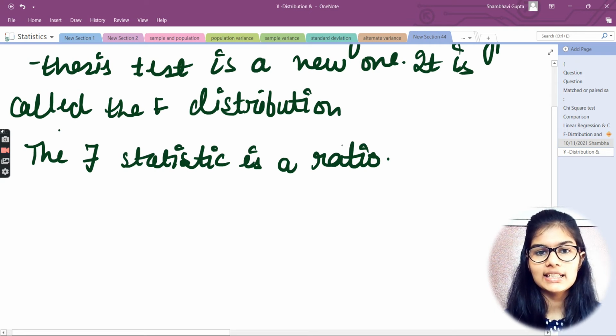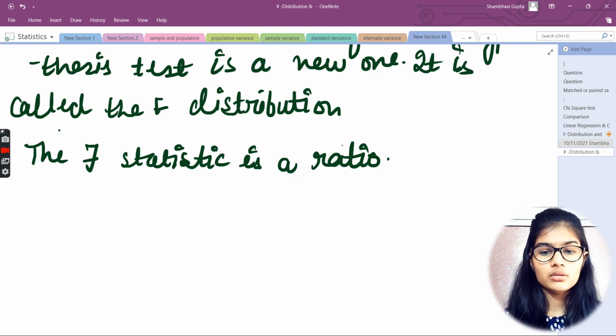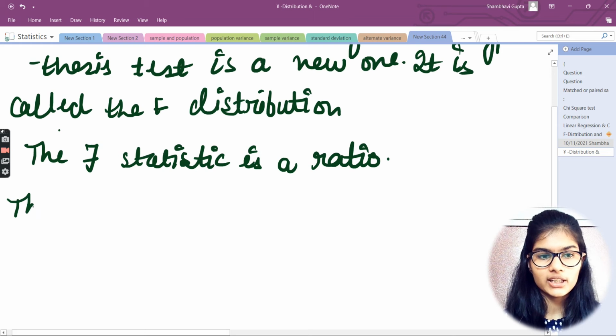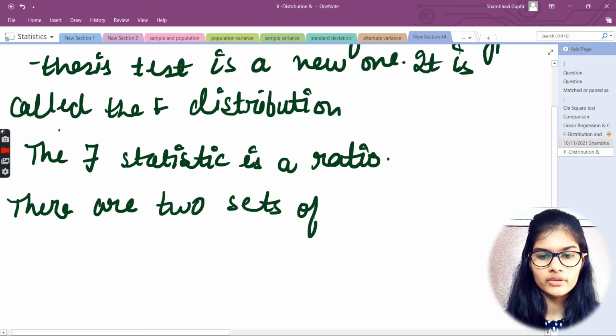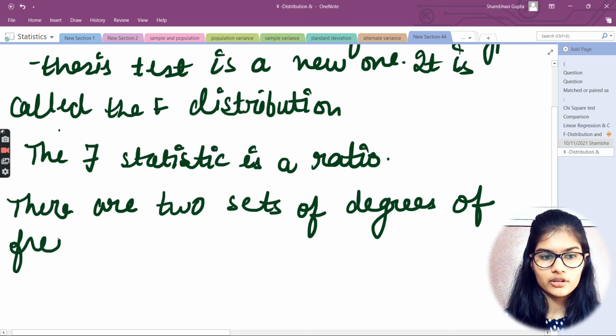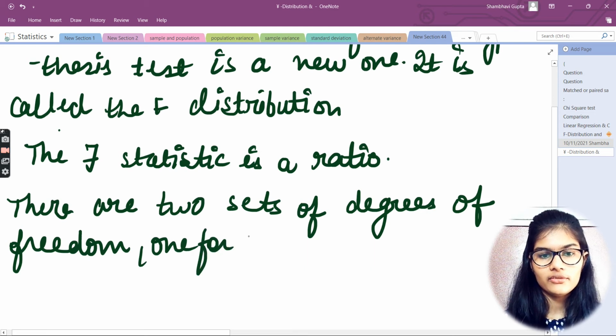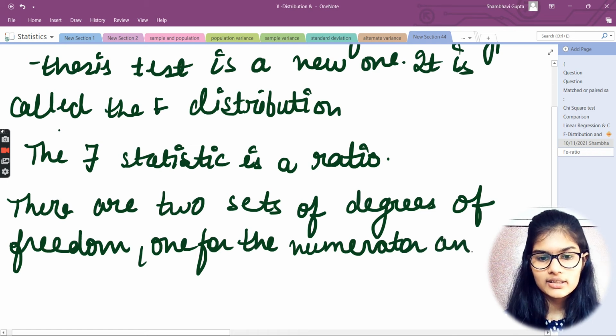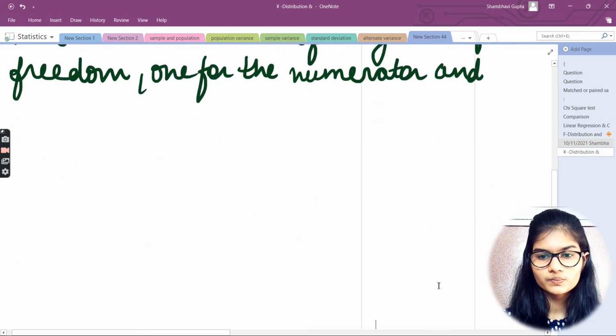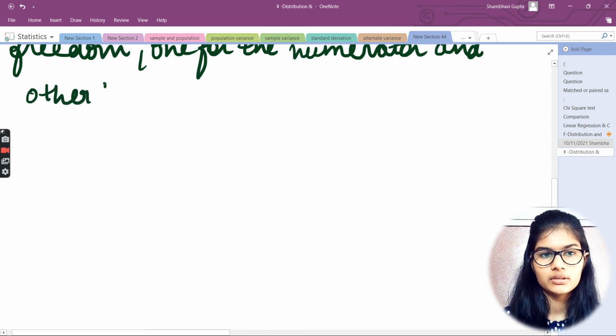Now, there are two sets of degrees of freedom, one for the numerator and one for the denominator. I will mention that as well: there are two sets of degrees of freedom, one for the numerator, and the other for the denominator.